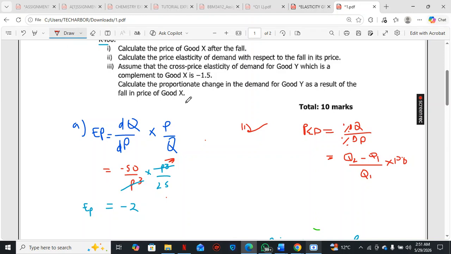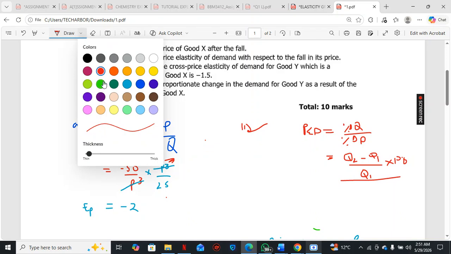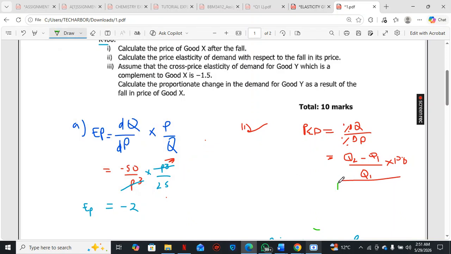How do we get the percent change in price? The new price, P2, minus the old price P1, over the old price, multiplied by 100.